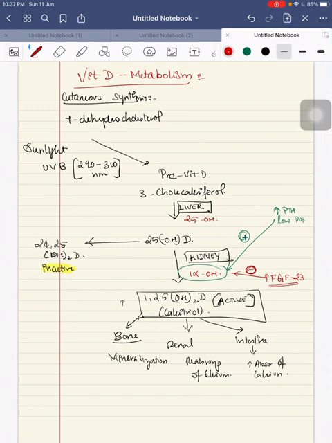When it gets increased, this 1 alpha hydroxylase will get inhibited, so 1,25 dihydroxycalciferol will not be formed. So this is about the simple metabolism of vitamin D.